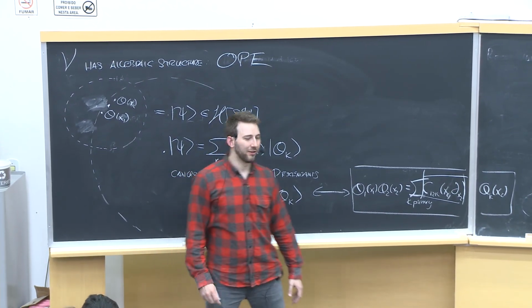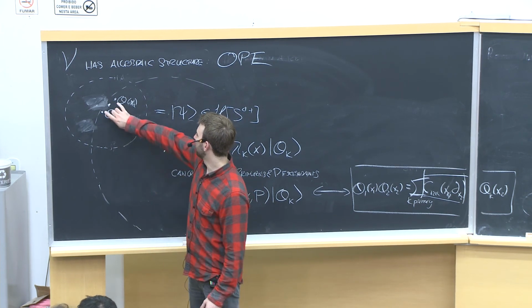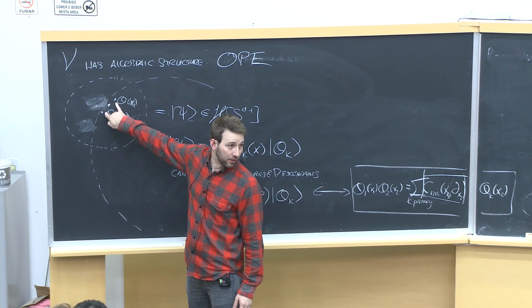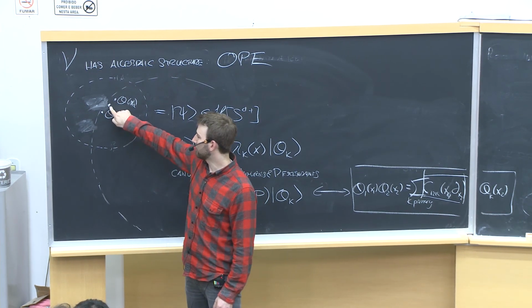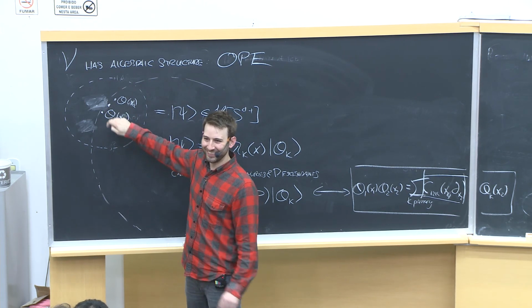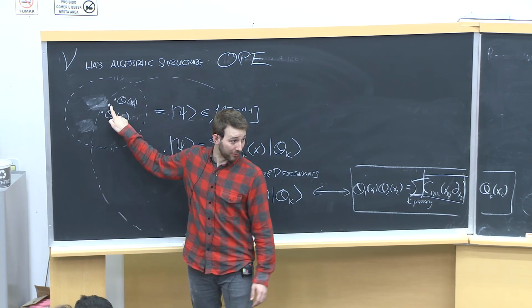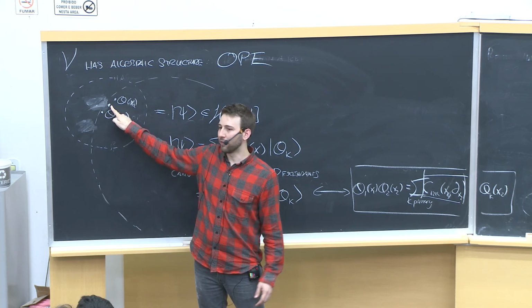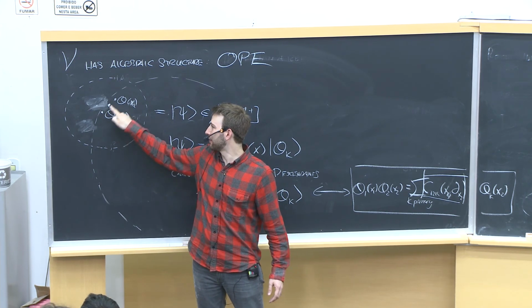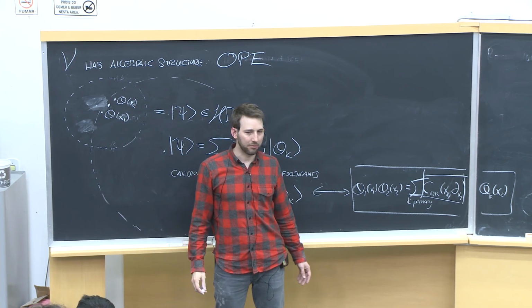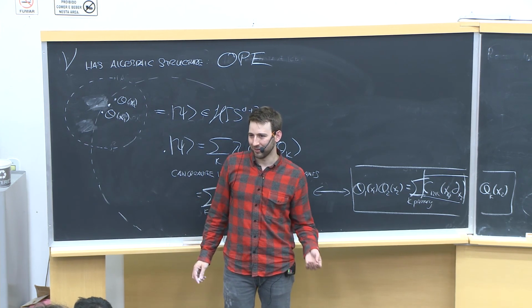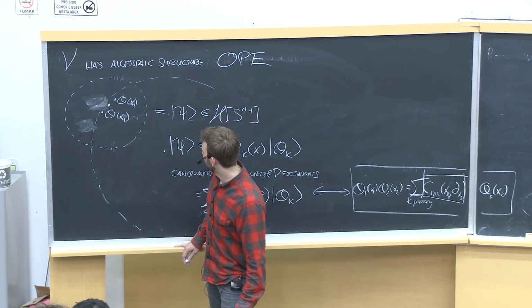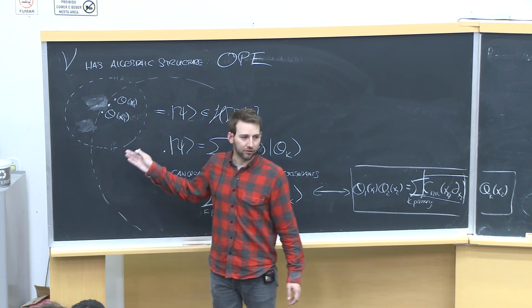The question is, if I want to take the OPE of O1 and O2, and I have in mind the case when there's a third operator, O3, exactly on the line connecting O1 and O2, is there something useful I can do? I can do conformal transformations.